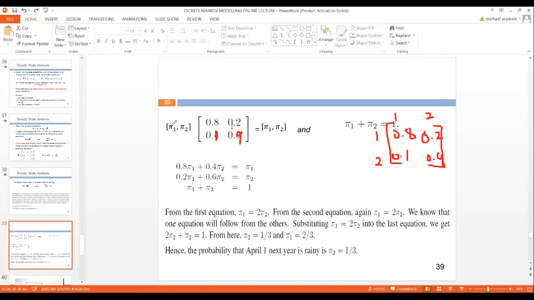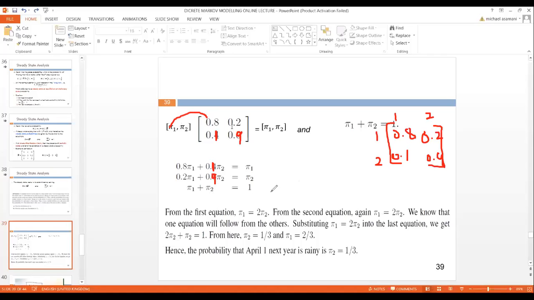So if we multiply, this is going to be pi 1 times 0.8 plus 0.1 pi 2 is equal to pi 1. Then the next one will be 0.2 pi 1 plus 0.9 pi 2. Then the third equation is pi 1 plus pi 2 equals 1.